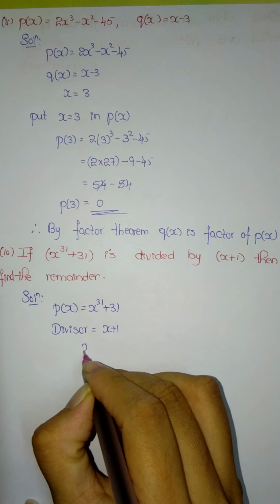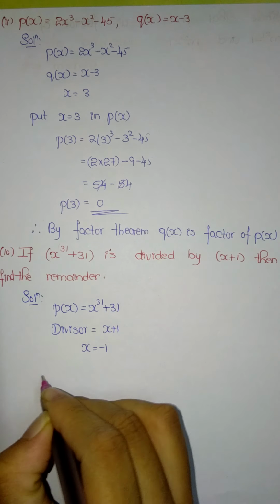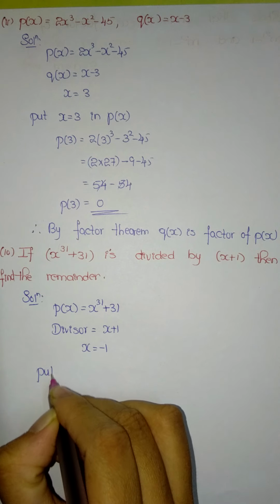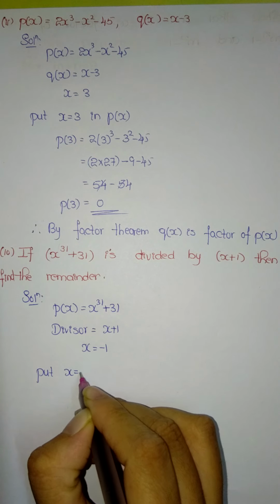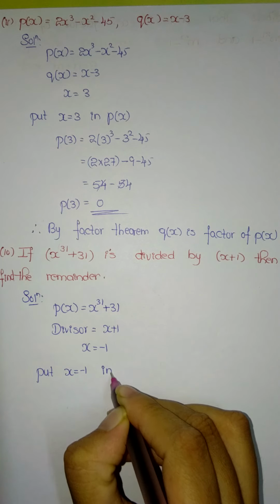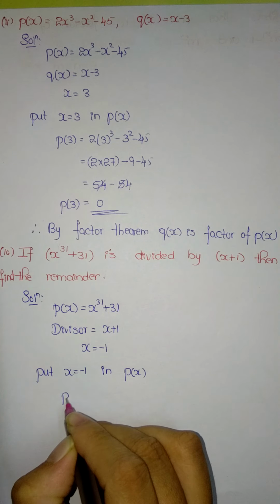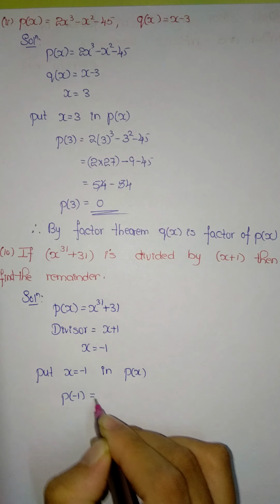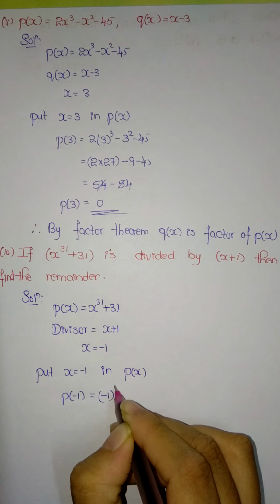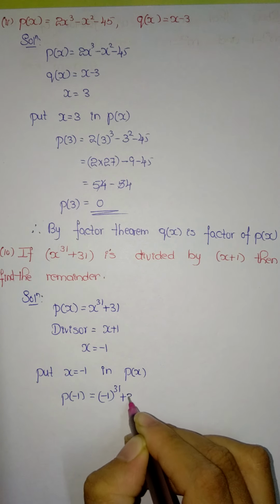So we have to take x is equal to -1. Now put x equal to -1 in p of x. So it becomes p of -1 equal to -1 to the power 31 plus 31.